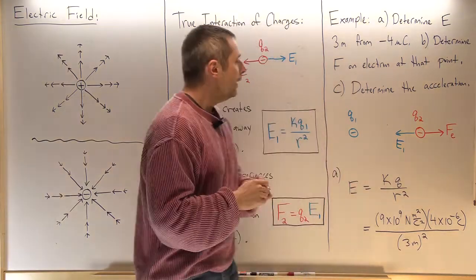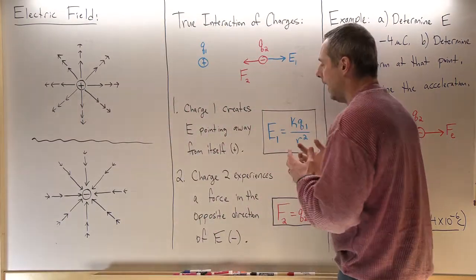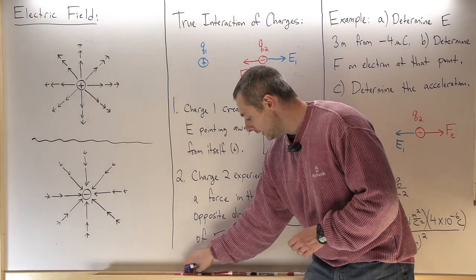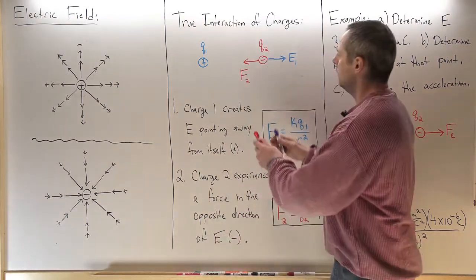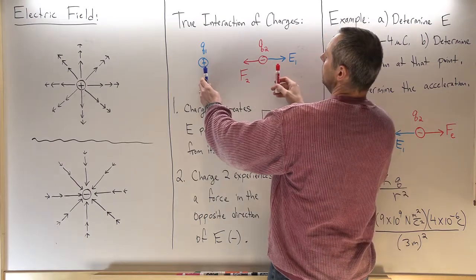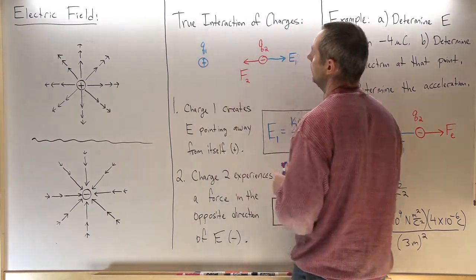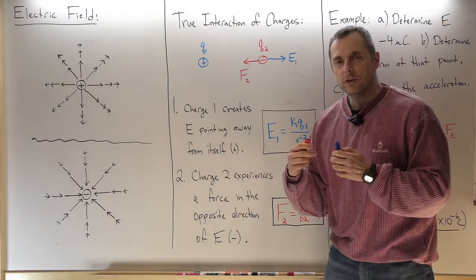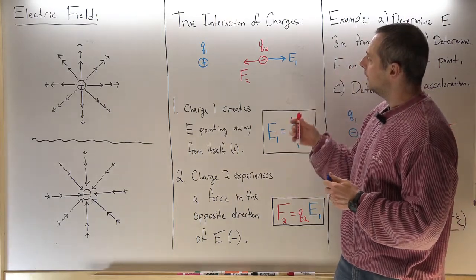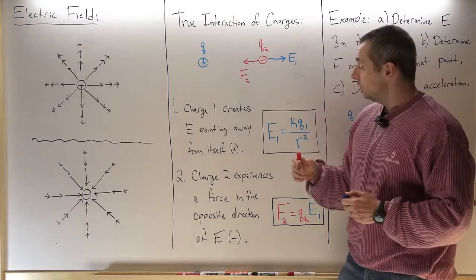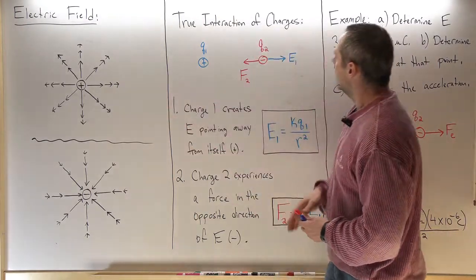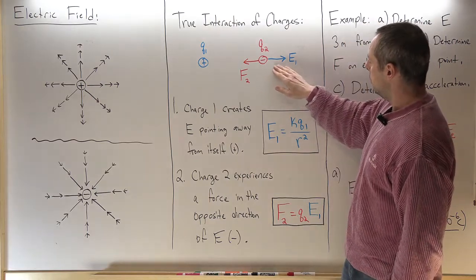Okay, so let's now look at how the interaction really happens. Again, we used to say, if I had a positive over here and a negative, opposites attract. So this negative is going to accelerate toward this positive. Now let's look at that same interaction from the perspective of electric field. What really happens is this positive, as we saw over here, creates an electric field pointed away.